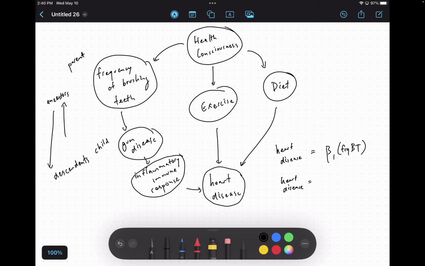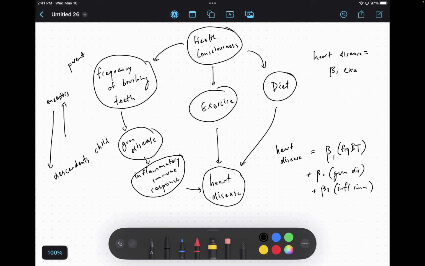Then the first equation is heart disease equal beta 1 frequency. The second is inflammatory equal beta 2 heart disease. The third is heart disease equal beta 3 inflammatory immune system. And they are all added together, as separate equations.